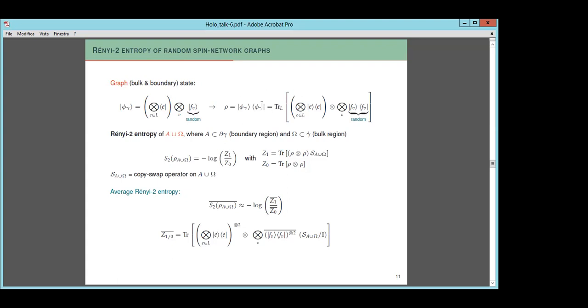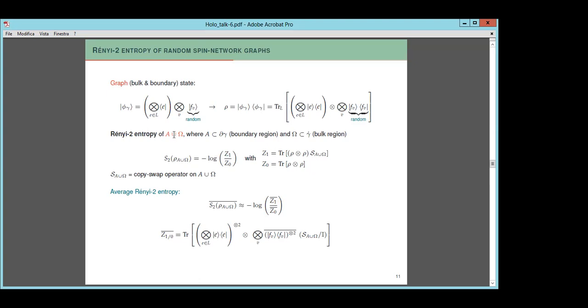Here I write the density matrix for the state. I'm going to show that the average Rényi entropy of this state can be mapped to the evaluation of the free energy of an Ising model defined on the spin network graph.